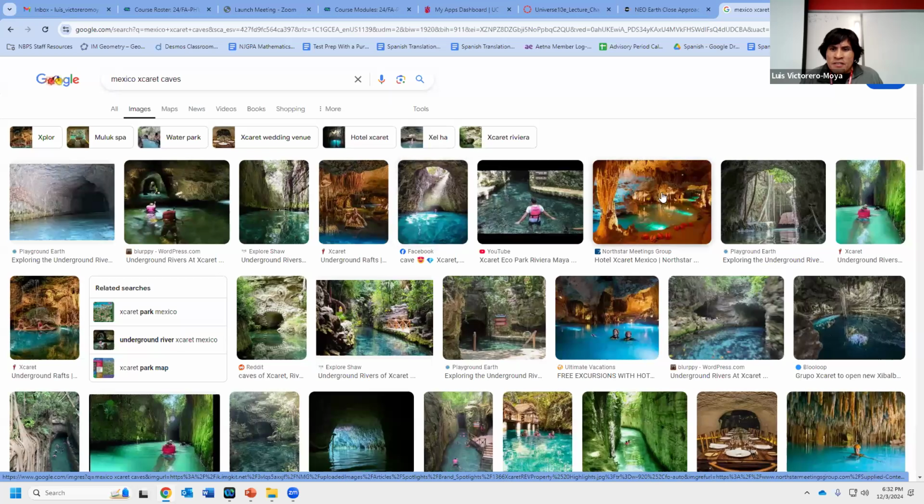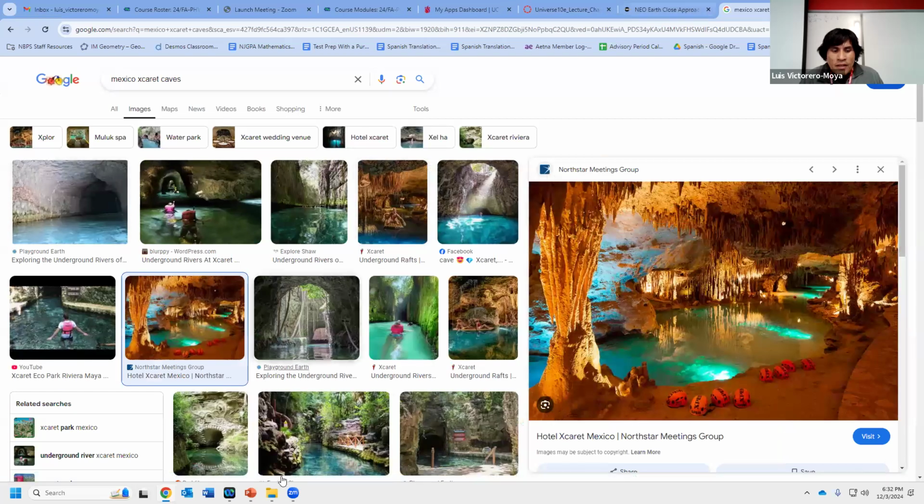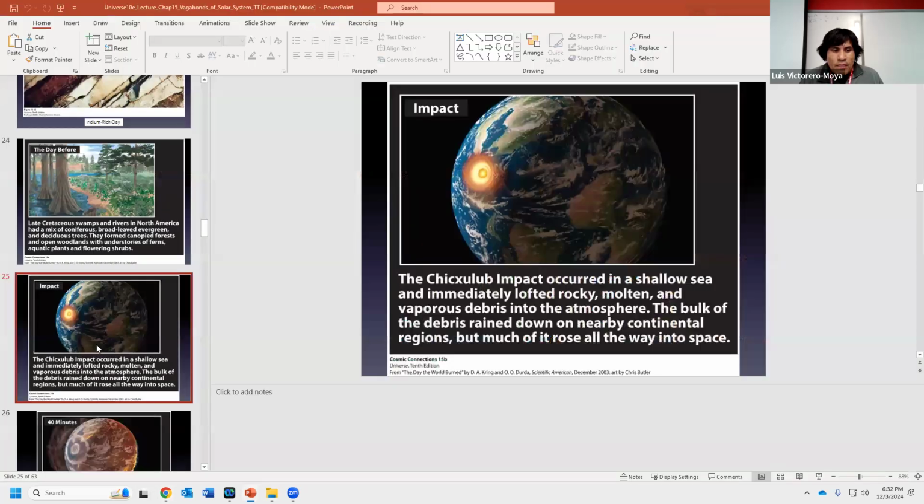And the reason they have these caves all over the Yucatan and the Riviera Maya is because when the comet or the asteroid impacted the Earth, a whole bunch of material was ejected from the Earth. And as the material rained down on the Earth, it started to melt a lot of the regions surrounding the impact crater. That's how those caves were formed.